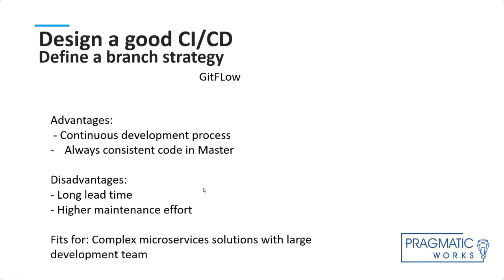And we also always have consistent code in the master, because the two intermediate branches allow us to filter almost everything from our code before it can reach the release stage.